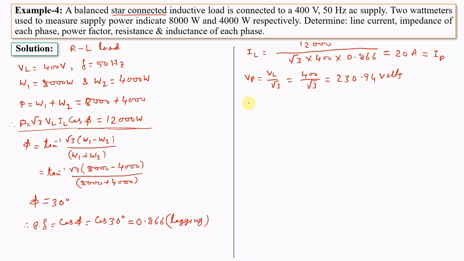This is the phase voltage. Therefore, we can find the impedance per phase. The phase impedance will be phase voltage upon phase current. It will be 230.94 upon the phase current, here 20 ampere. So the impedance will be 11.55 ohms.